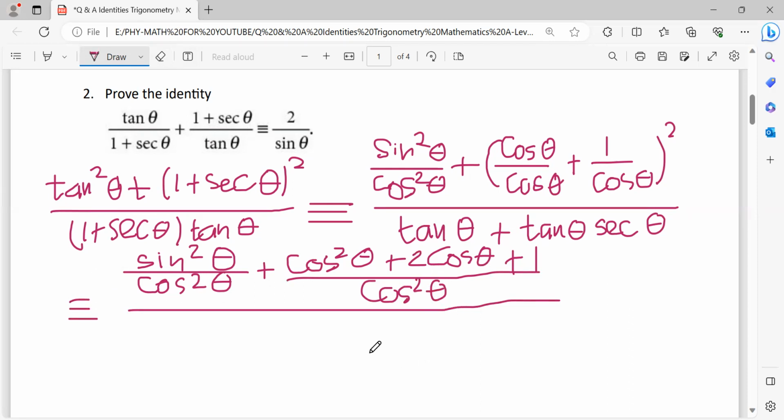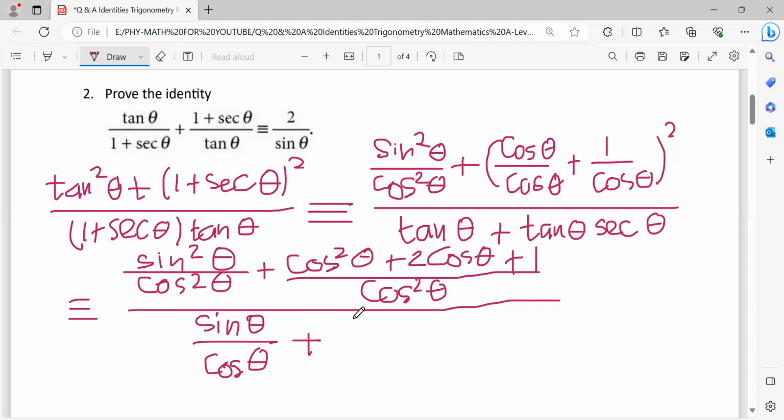For tangent theta, I'm going to write sine theta over cosine theta, plus tangent and secant. Tangent is sine over cosine, while secant is 1 over cosine.